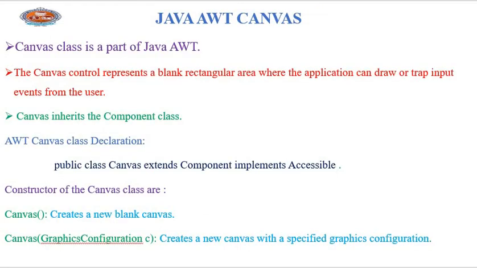Next, AWT Canvas. The Canvas class is a part of Java AWT. The canvas control represents a blank rectangular area where the application can draw or trap input events from the user. Canvas inherits the Component class. AWT Canvas class declaration: public class Canvas extends Component implements Accessible.